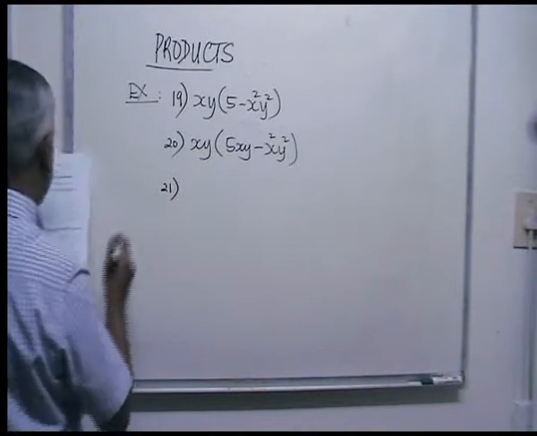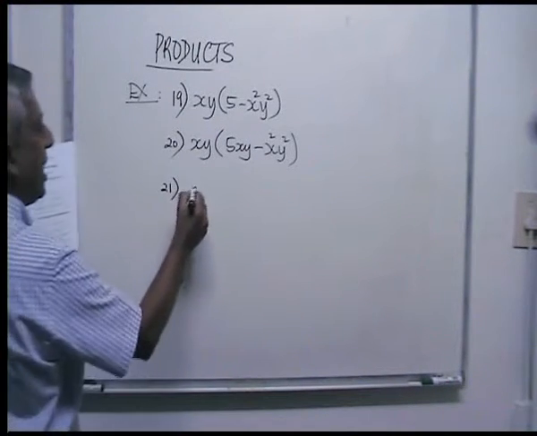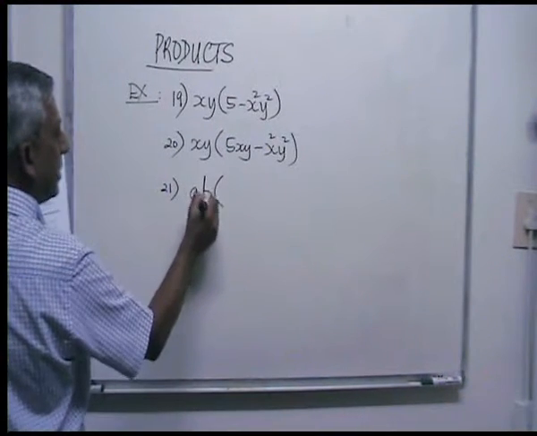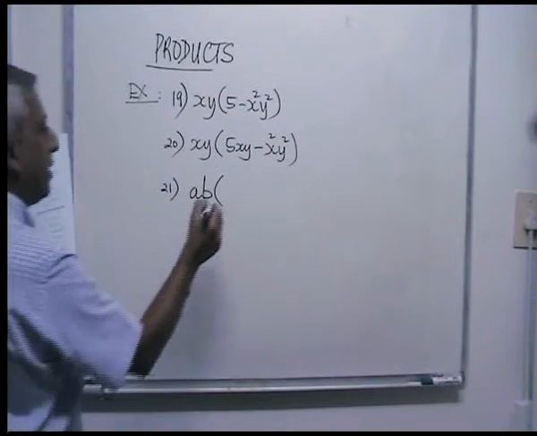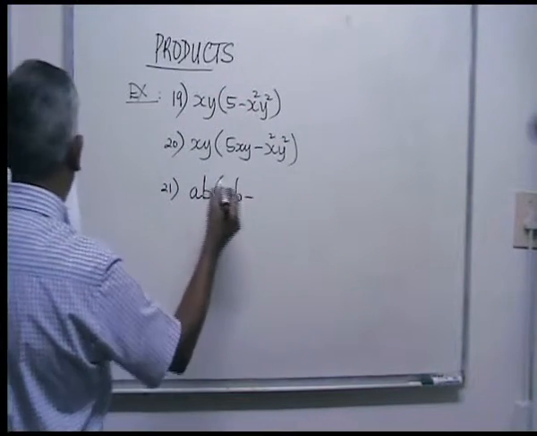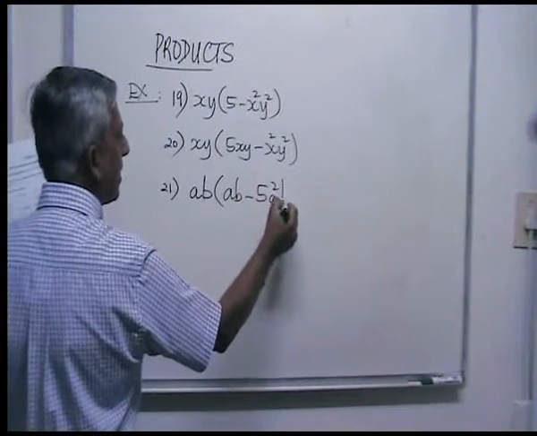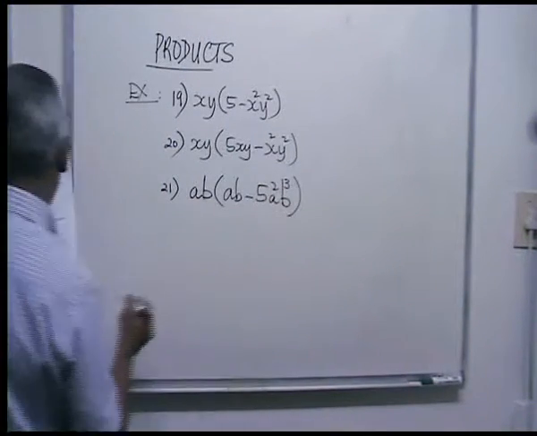Number 21, AB into AB minus 5a squared b cubed.